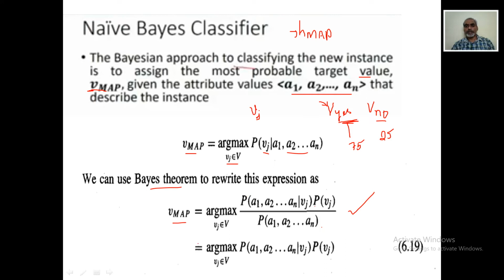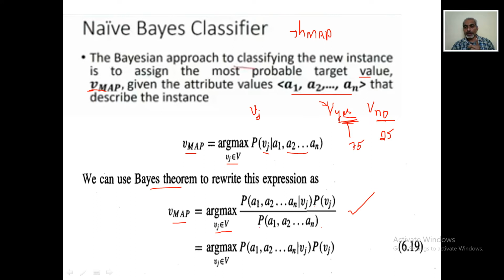Now we will simplify this. If you look at this equation, the denominator is the probability of occurrence of the attributes, A1, A2, A3, up to AN. This probability does not influence whether he can play tennis or not. When you say for all Vj belonging to capital V, the target output, the probability of A1, A2 is not dependent on Vj.